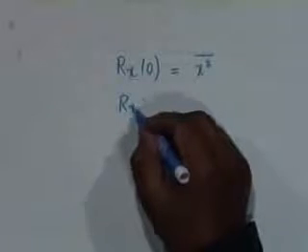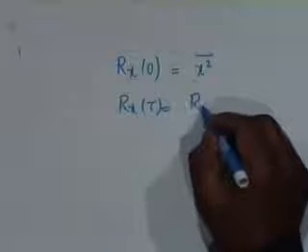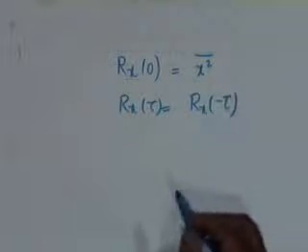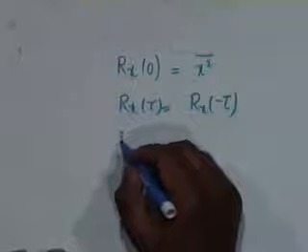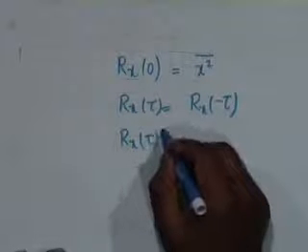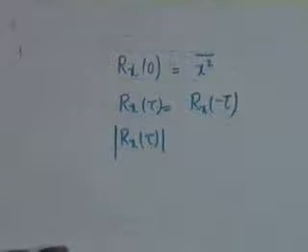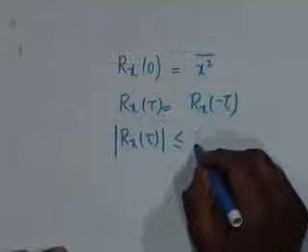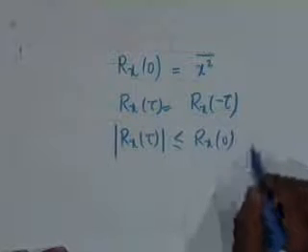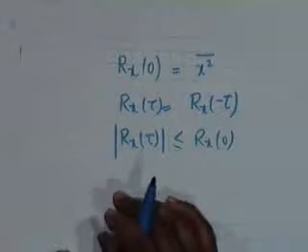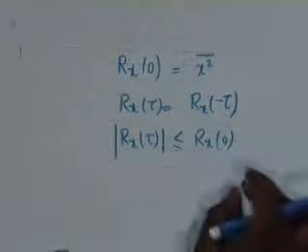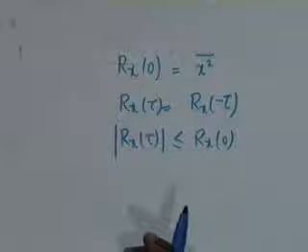We also saw that Rx of tau is Rx of minus tau. This will also be defined by cross correlation. And then we proved that Rx of tau for non-zero tau shall be less than or equal to Rx of 0. Rx of 0 is always a positive quantity. Rx of tau can be positive or negative, but the magnitude can never exceed Rx of 0.